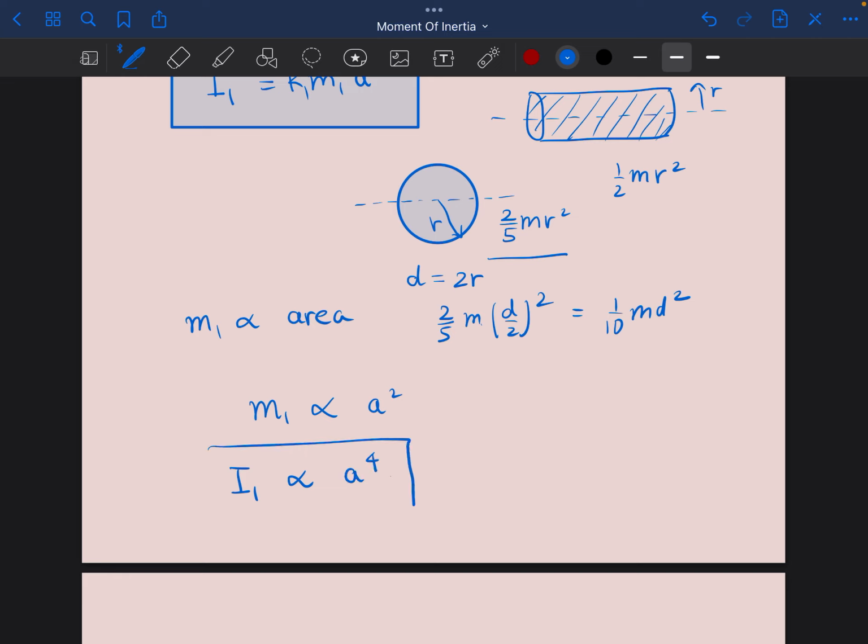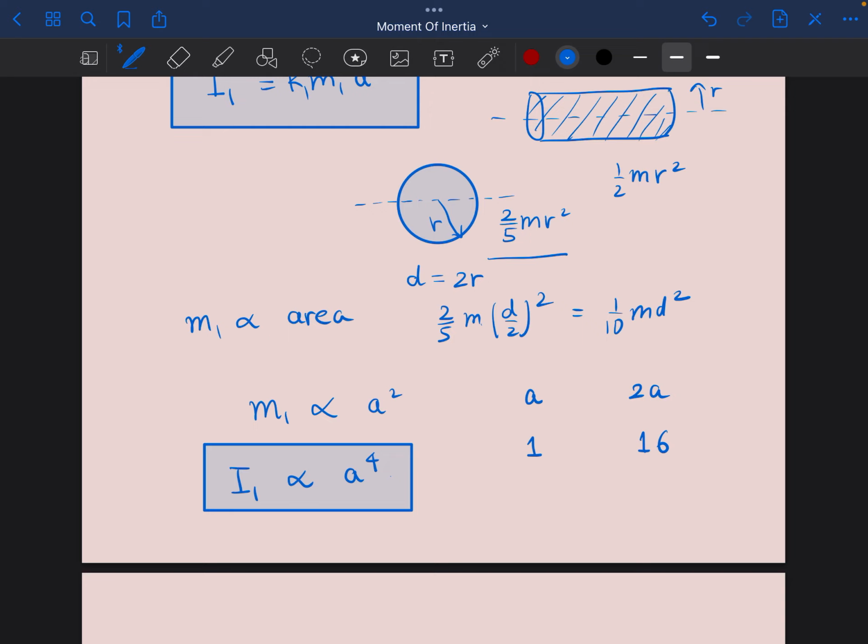So the moment of inertia of this plate will be proportional to the fourth power of the side length. If you cut out a plate of side length A compared to a plate of side length 2A, and the moment of inertia here is 1 unit, the moment of inertia there will be 16 units. So that ratio will be 16 times.